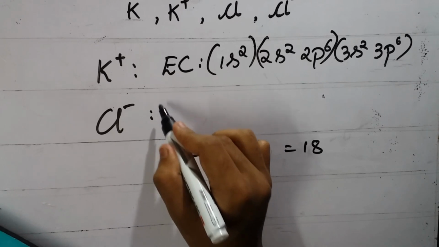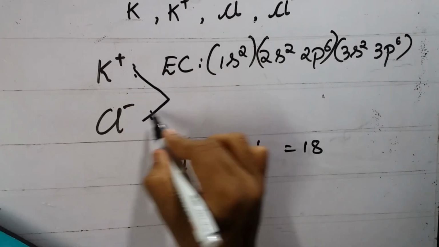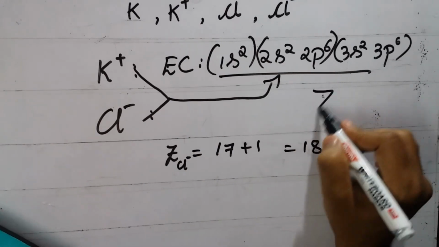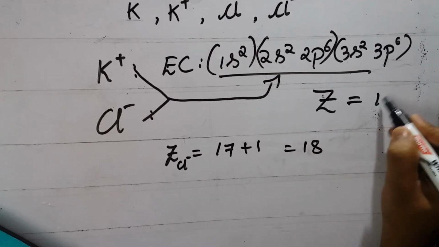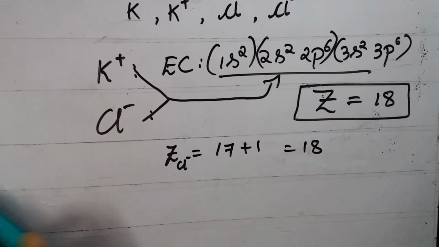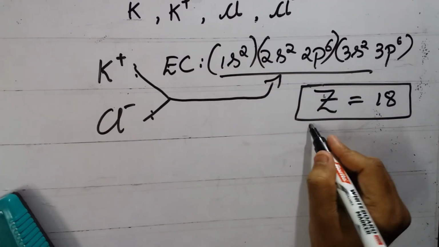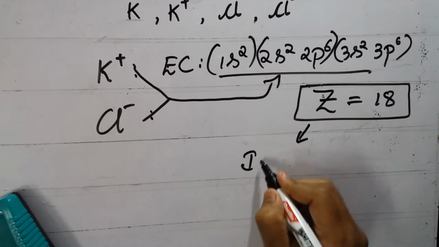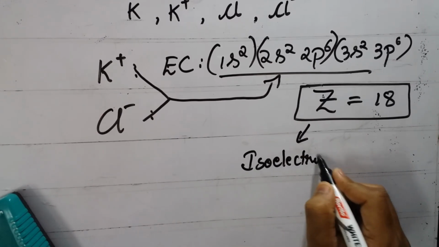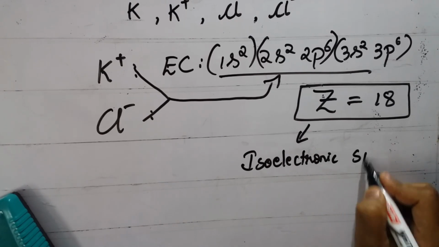So the electronic configuration of Cl minus and K plus is the same, because they both have 18 electrons. They both have the same number of electrons, hence they are called isoelectronic species.